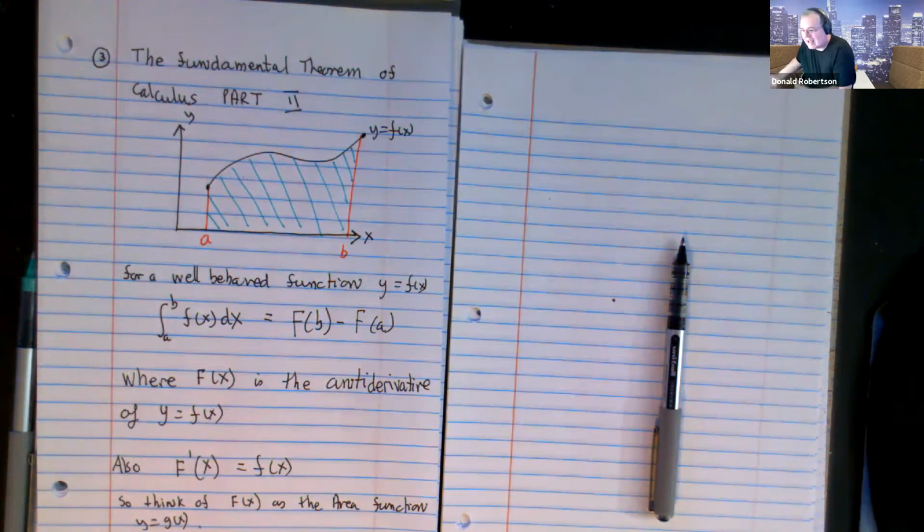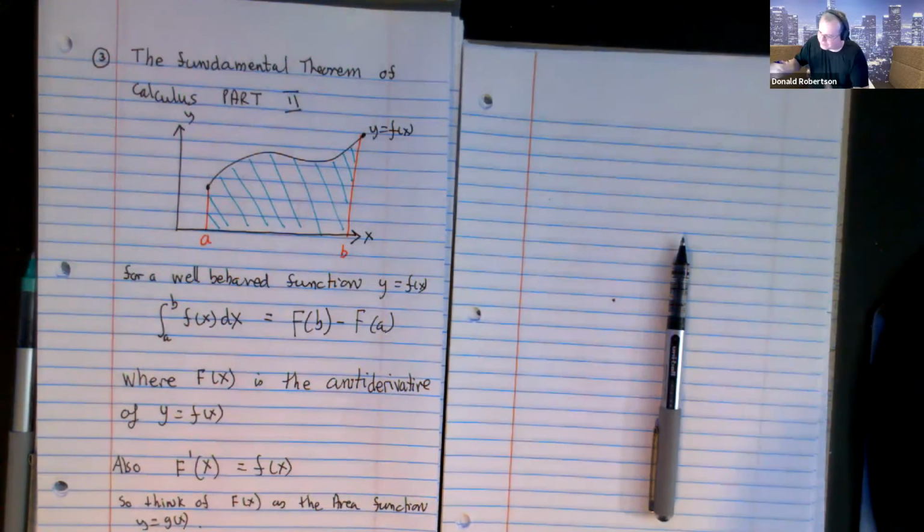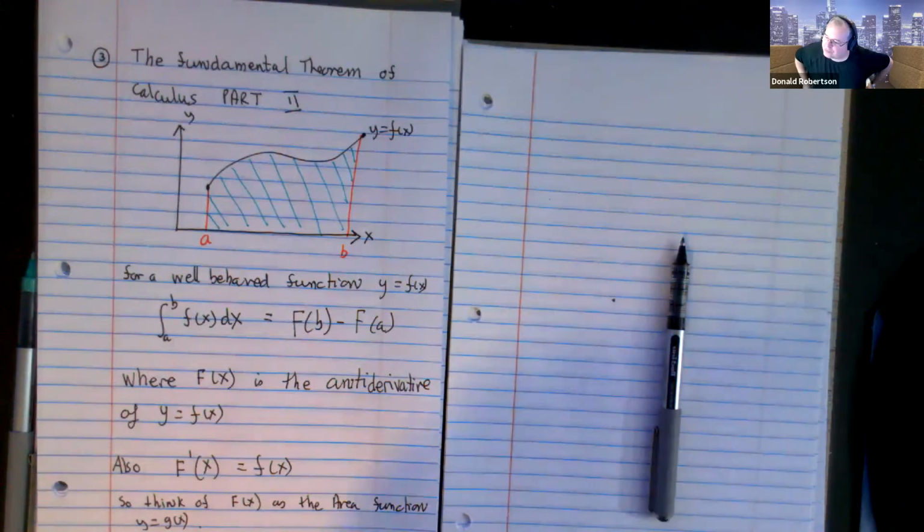Isn't that why it's called an antiderivative? Take any function you can think of, find its antiderivative, and then differentiate it. I bet you get back to the same function you started with. So you can think of, if it helps, that capital F of x is just the same thing as the area function, which is right back to the beginning of the section, right? You know the g of x area function? G of x is also the antiderivative function.